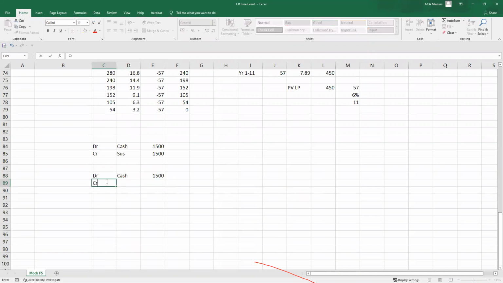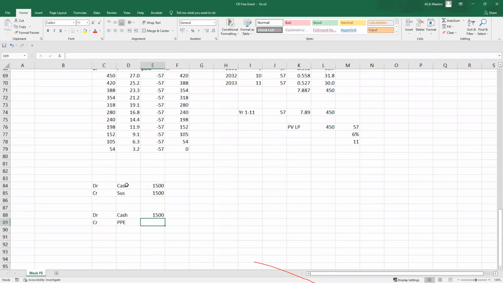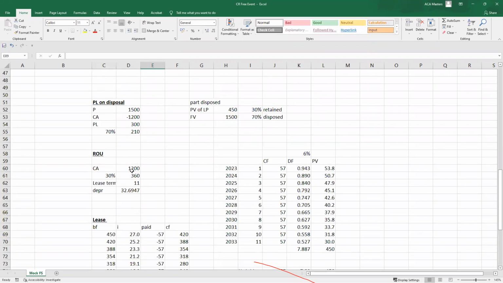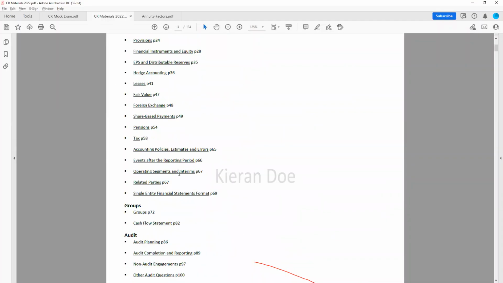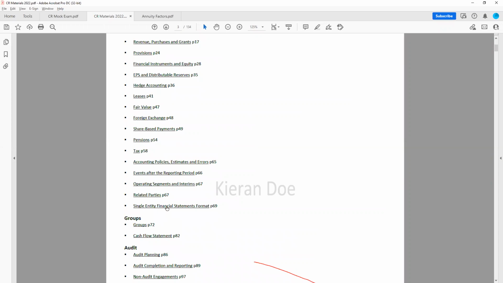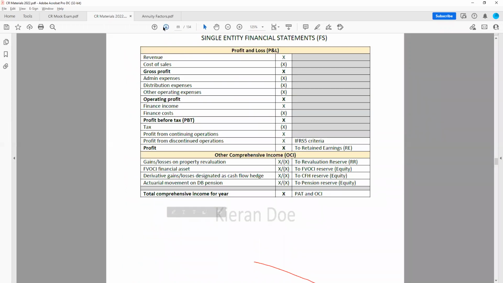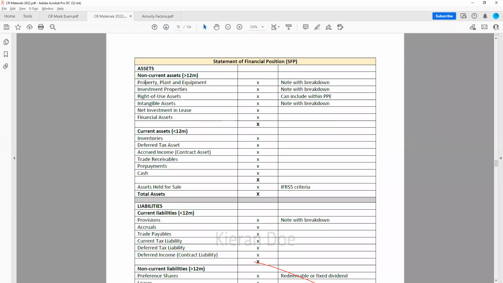Now, we know they should have de-recognised the PPE because this asset, which is included within PPE, is no longer there. It is still kind of an item of PPE because you can show your right of use assets as part of PPE. What the company has done, it's got its PPE included here.